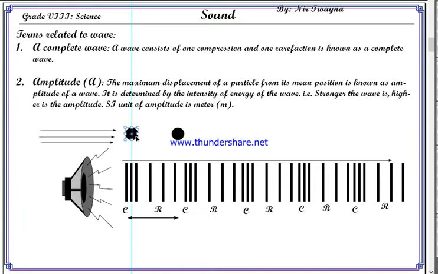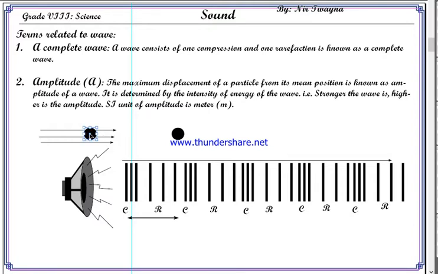Got it? So when this molecule is moving in the direction of force, it forms compression. See, it forms compression. These two molecules are compact, isn't it? But when this molecule moves in the opposite direction, it forms rarefaction.